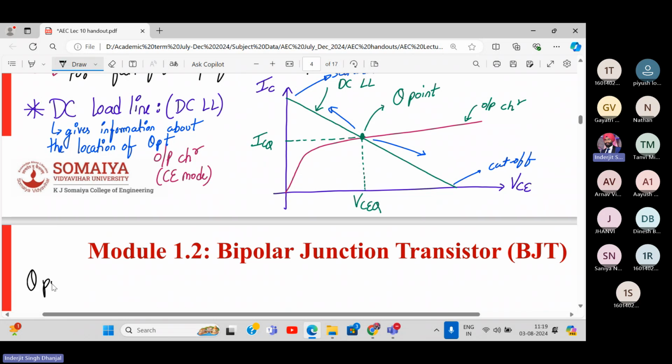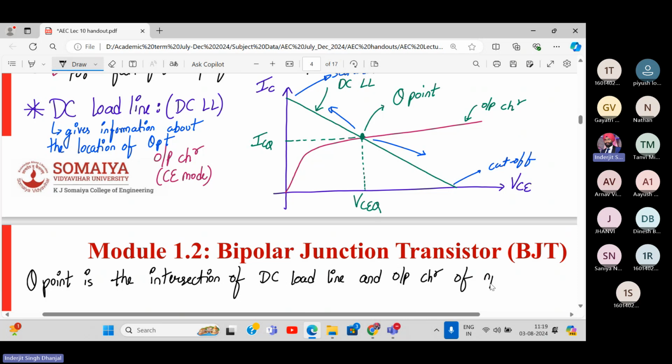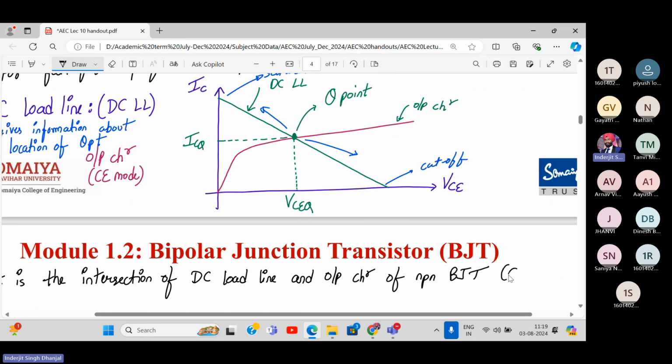Q point is the intersection of DC load line and output characteristics of NPN BJT in common emitter mode.